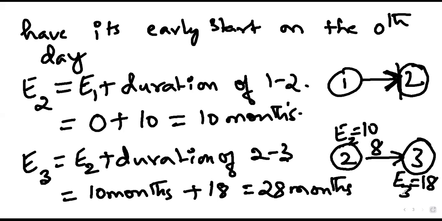It should be 18. Thank you for telling me that. Correct, E3 is 28. That means any activity starting from the third node will have its early start date as 28.